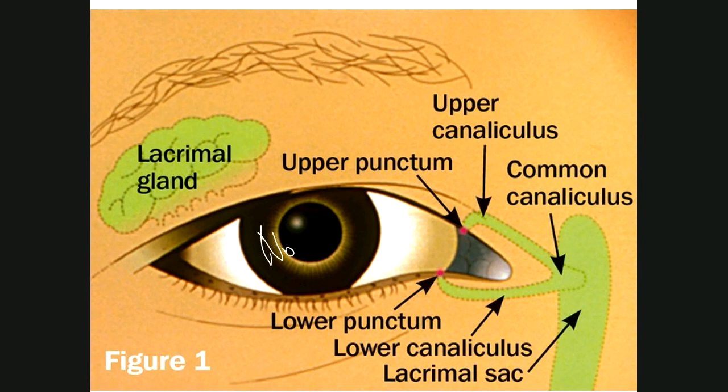None of these tissues receive any blood at all. The reason we have no blood vessels is because we need the front of the eye to be clear so that light can get through. If we had blood vessels running across here, they would block the light as it went through. So there aren't any blood vessels.